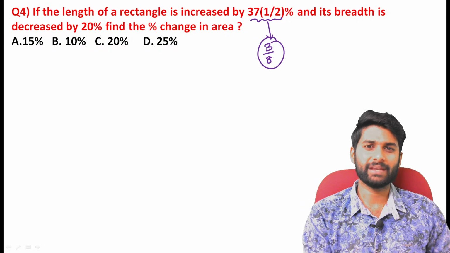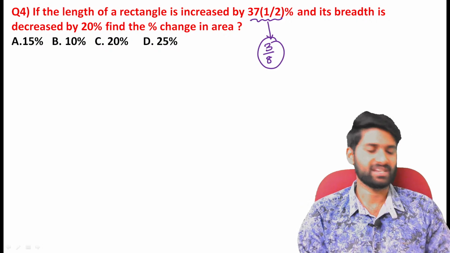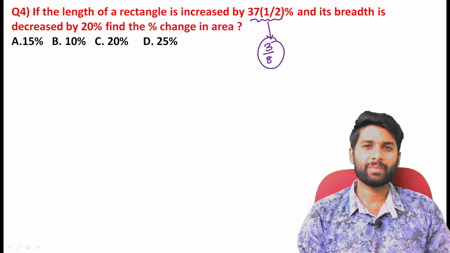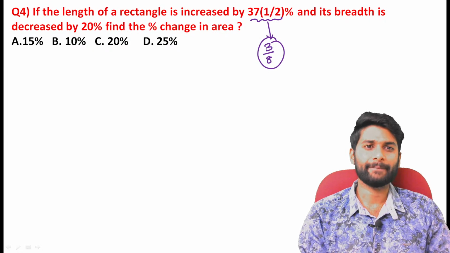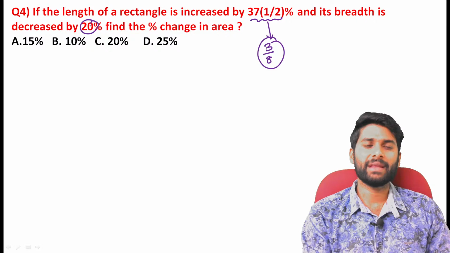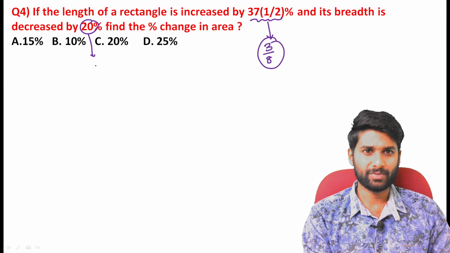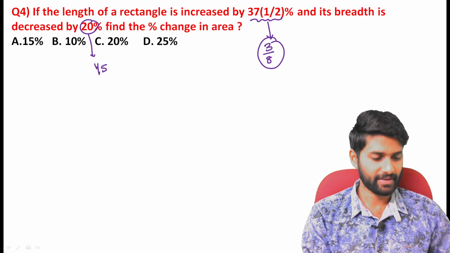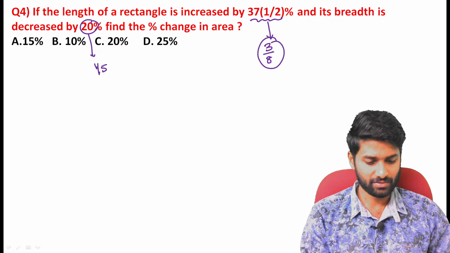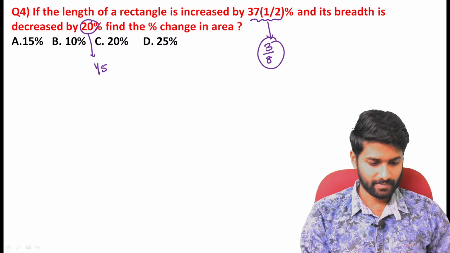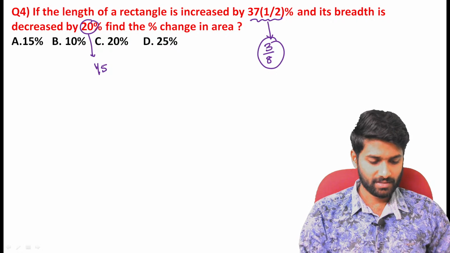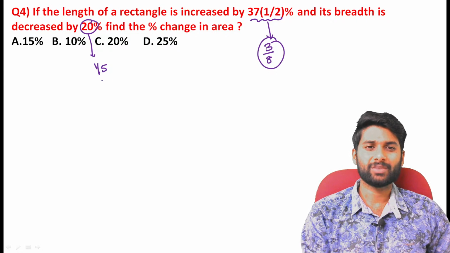Yesterday we already completed the conversion of percentage to fraction, guys. And next, the breadth is increased by 20 percentage. 20 percentage value becomes exactly equal to 1 by 5.